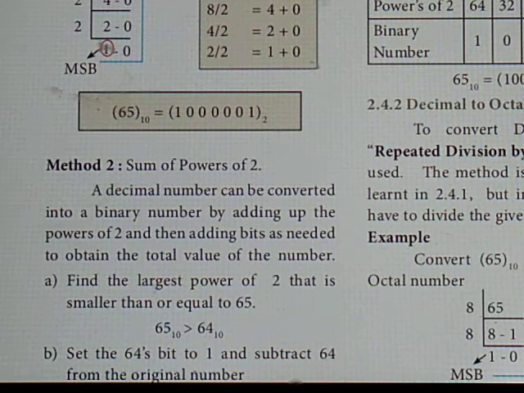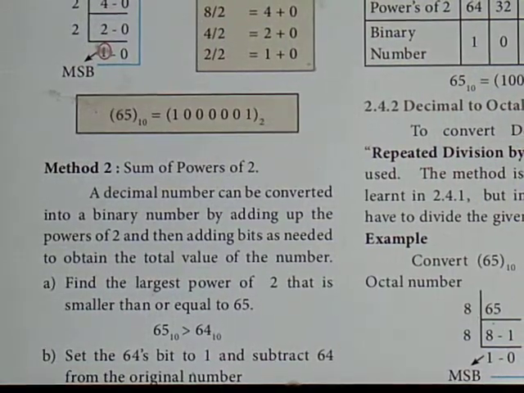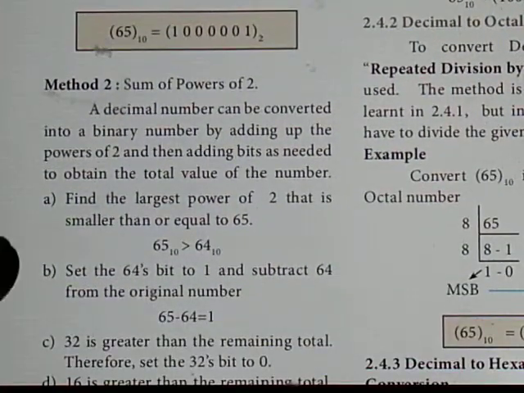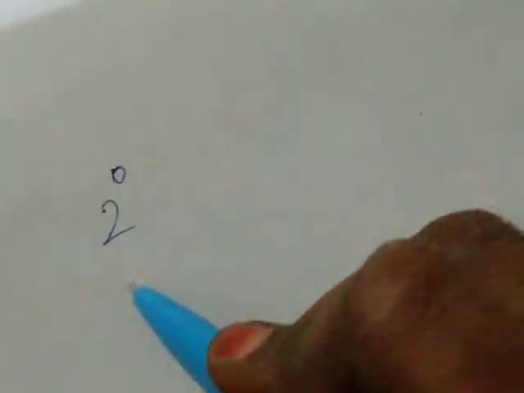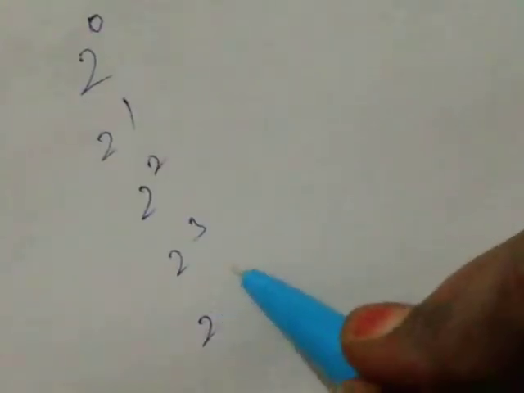So we are taking the same number 65. First, find the largest power of 2 that is smaller than or equal to 65. So we write 2 power 0, 2 power 1, 2 power 2, 2 power 3, 2 power 4.